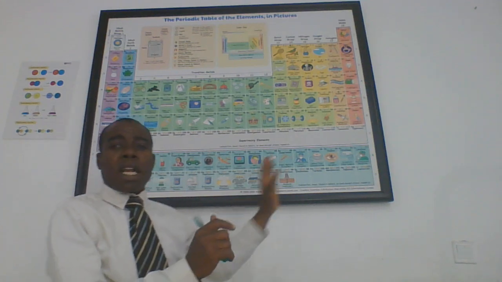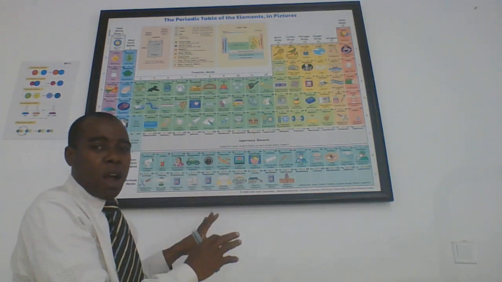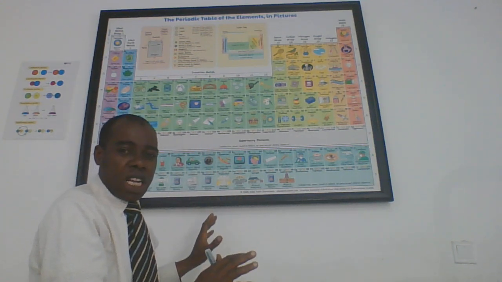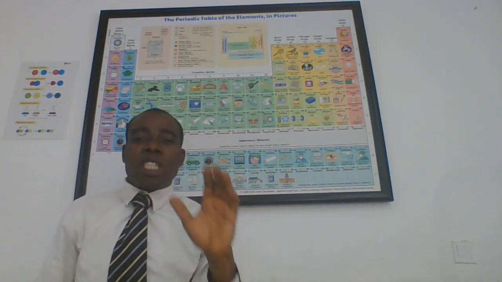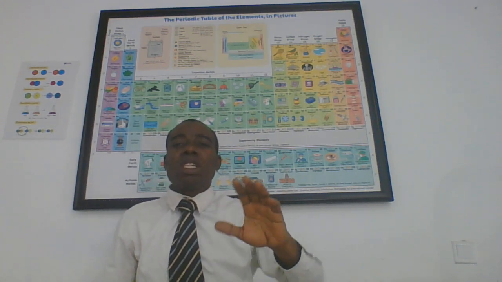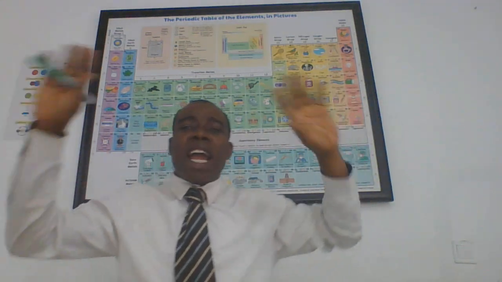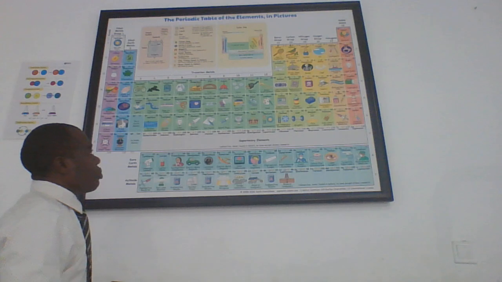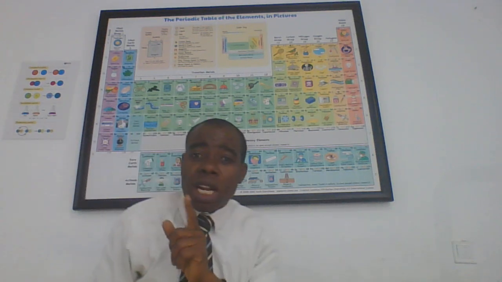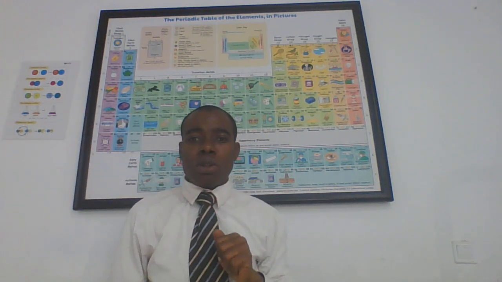So we are not going to count them or refer to them now. They are specially placed elements there, and they are called the transition elements due to their special properties, which are completely different from every other element in the periodic table.